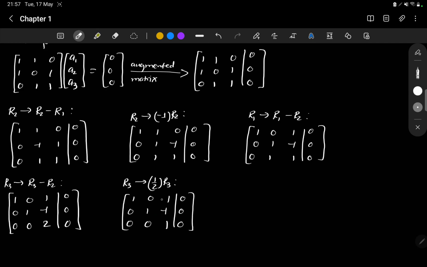And then now we want to make these two elements 0. So row 1 goes to row 1 plus row 3. Sorry, row 1 minus row 3 we want.